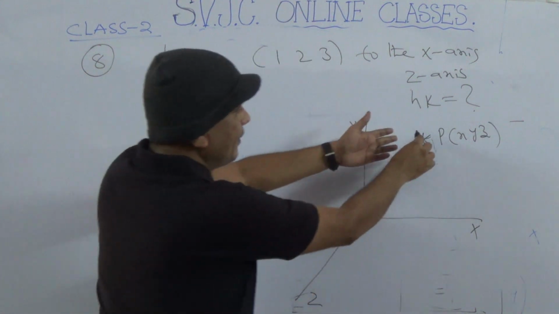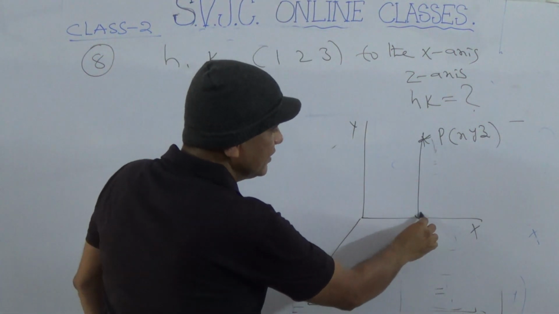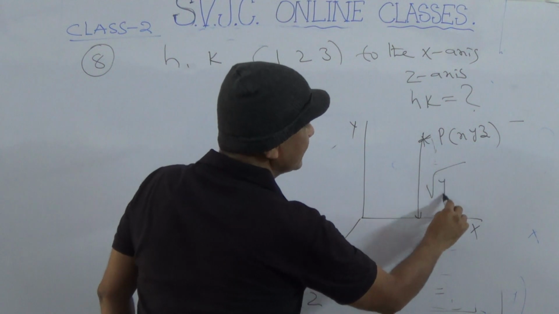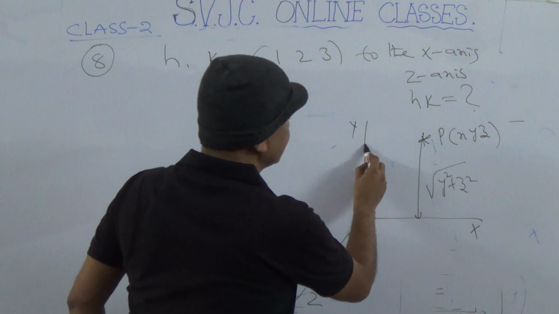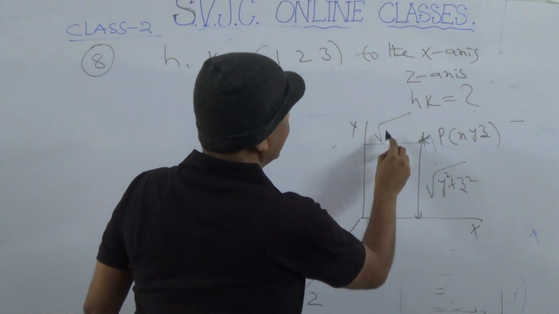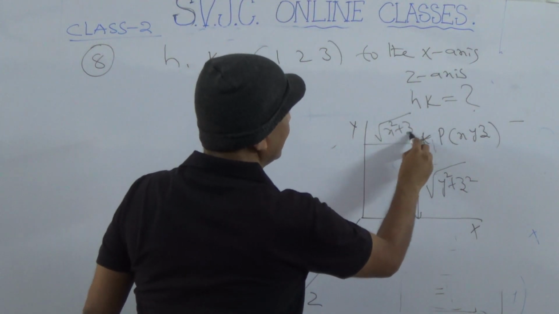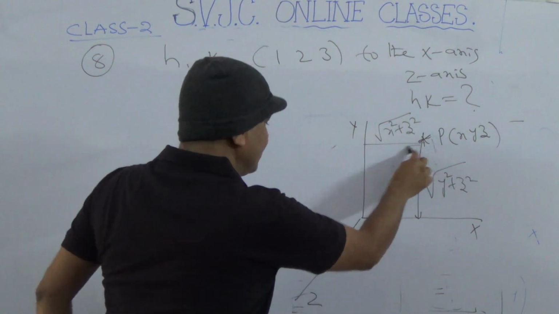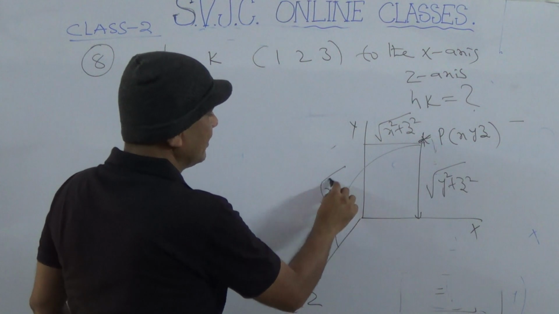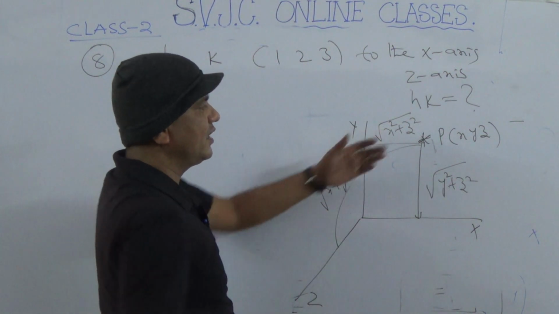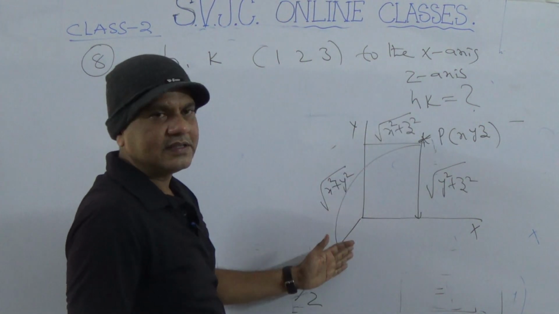Now the distance of P from the x-axis is under root of y square plus z square. The distance of P from the y-axis is under root of x square plus z square. The distance of P from the z-axis is under root of x square plus y square. This is the distance of a point from the coordinate axes.